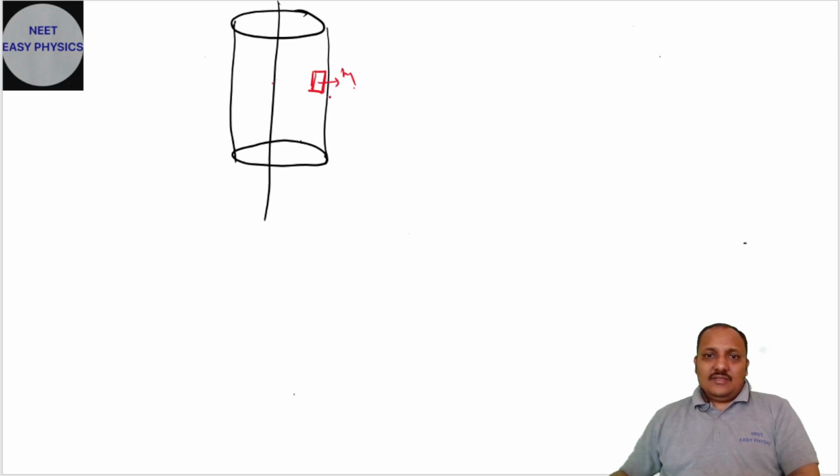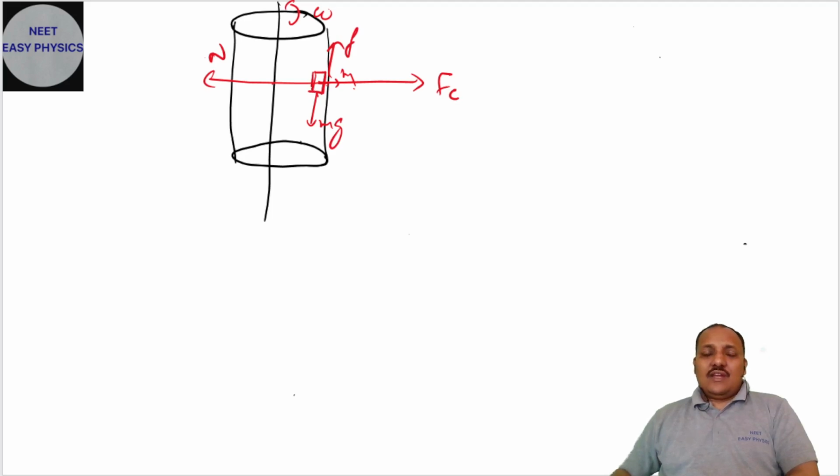So mass M, the centrifugal force will be acting like this. Normal reaction by the wall will be acting like this. Again weight is acting downwards, frictional force is acting upwards. What should be the minimum angular velocity for this object not to fall downwards? They will ask.